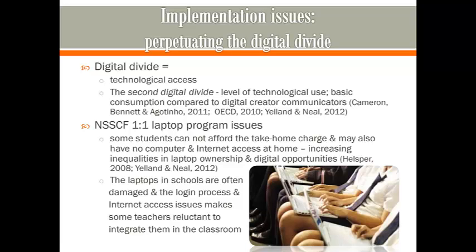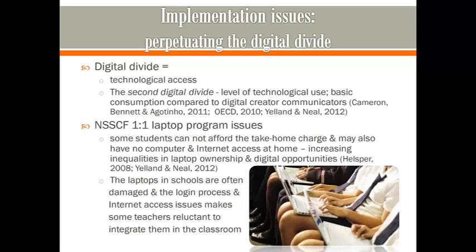So some of the issues that can be seen with the one-to-one laptop program is that although we got funding for one-to-one laptops, the problem was that schools still required students to pay some money.